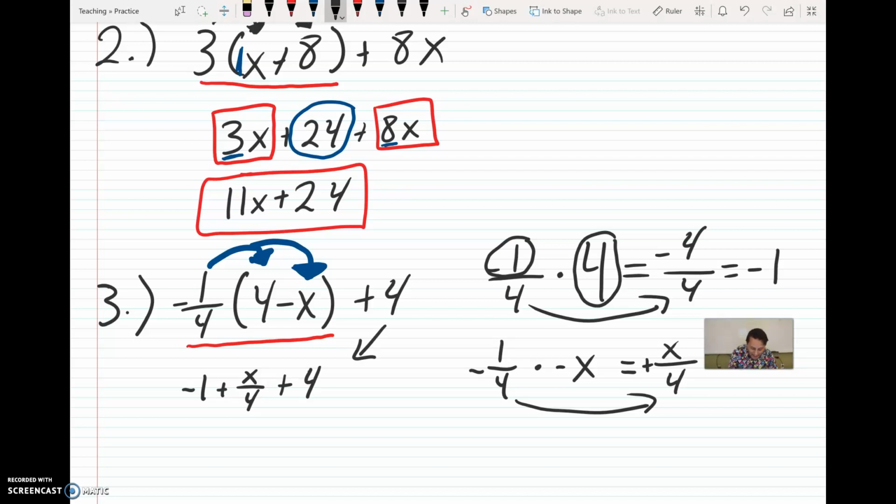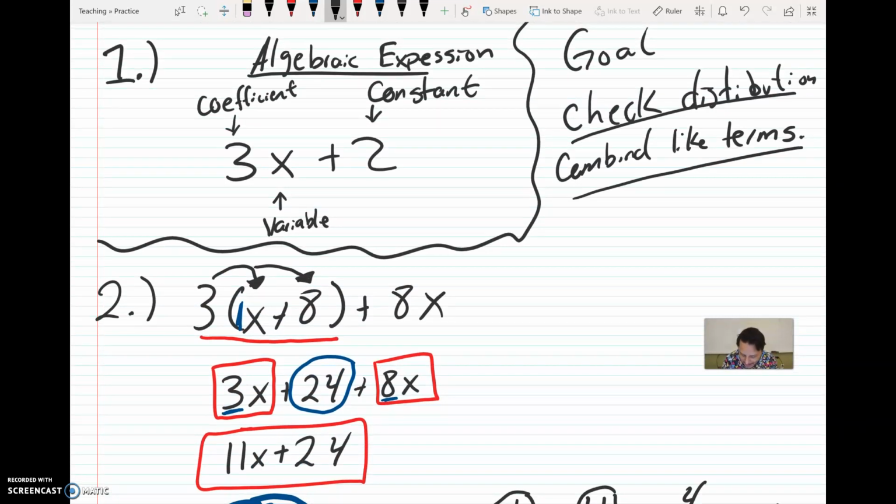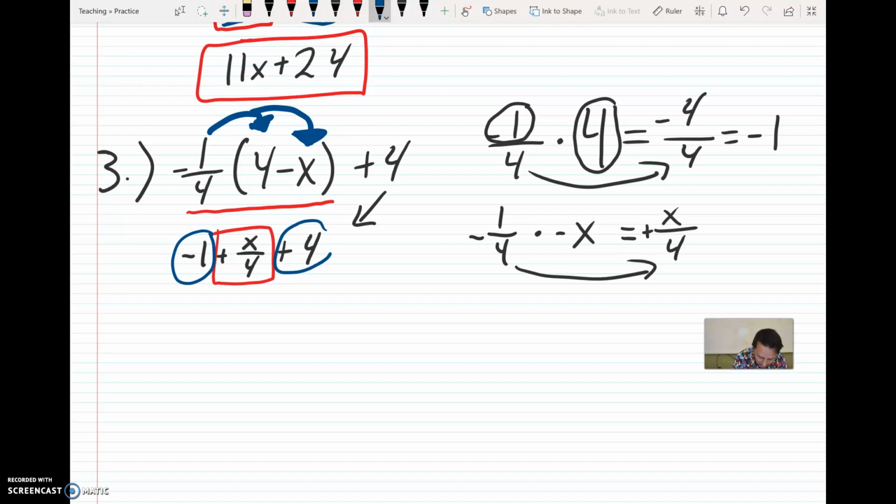Last but not least, guys, we're going to do our second goal, which is combine like terms. You don't have to do it like this, but I love seeing it like this. So everything that has a variable, I'm going to go ahead and box it up. And everything that doesn't have a variable, I'm going to give it a circle so I know that it's my constant. Okay?